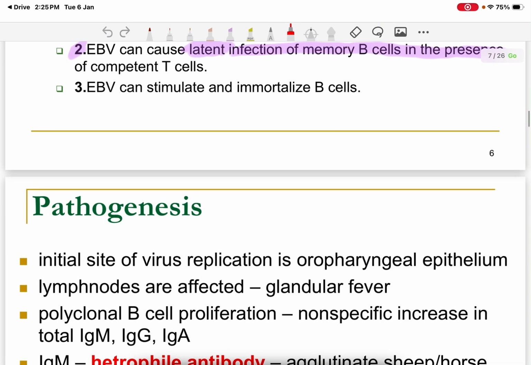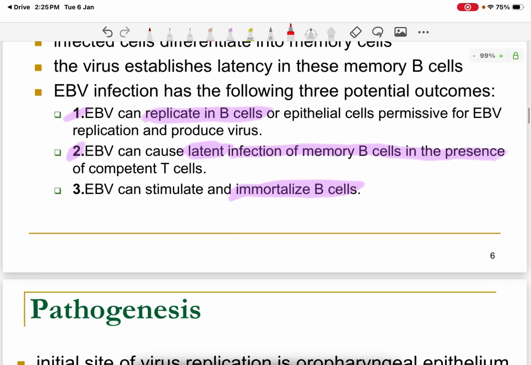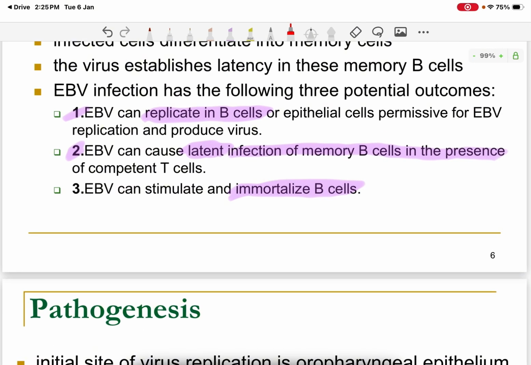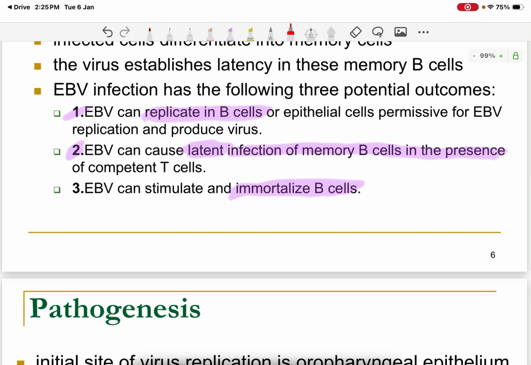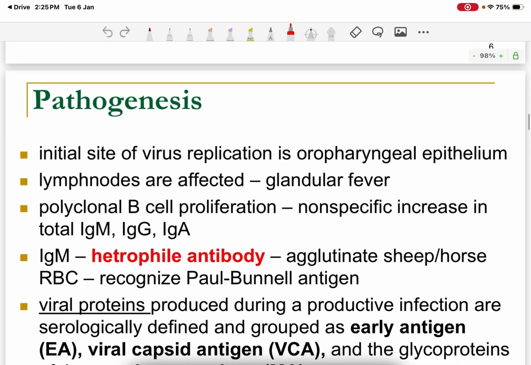This has the cancer inclination part. Three routes: replicative, non-replicative, and then the cancer-producing part, the whole immortalization. Okay?